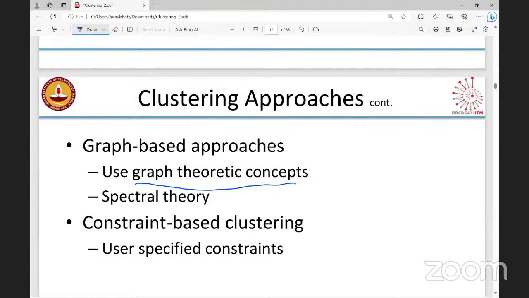Let me give an example of a social media network. All of you have a Facebook, WhatsApp or Instagram account. If I take each account as a circle here, the circles are typically called nodes.